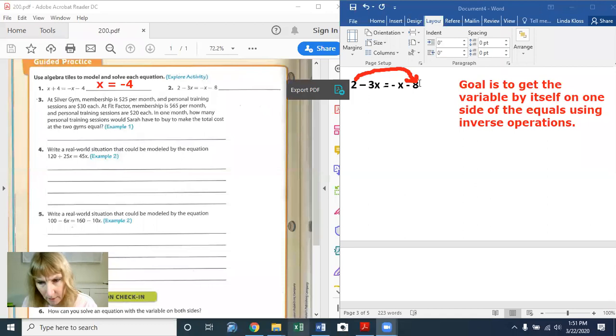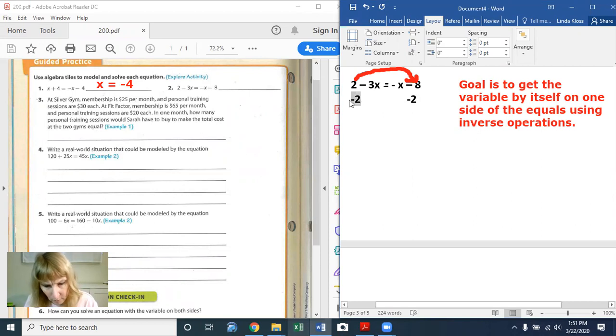To do that, I'm going to subtract 2 from both sides. Now don't get tricked on this. This is another one of those subtracting a negative thing. It's like we did on the last problem. So negatives throw people off pretty easily.